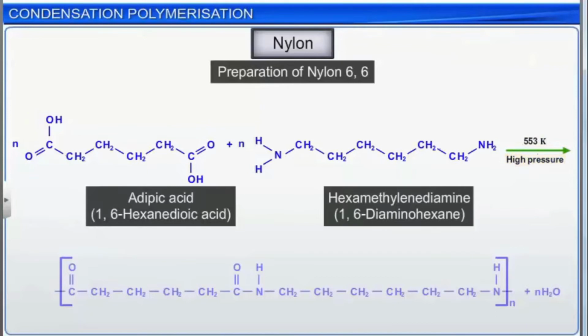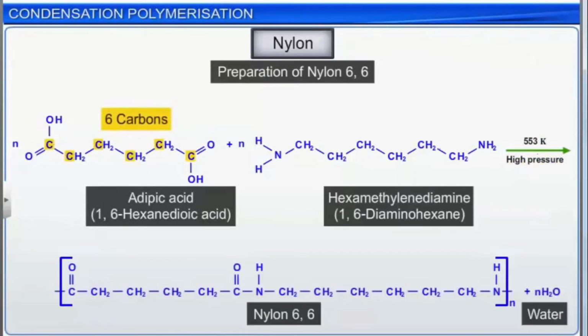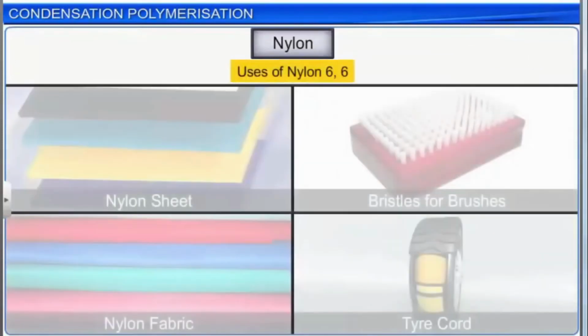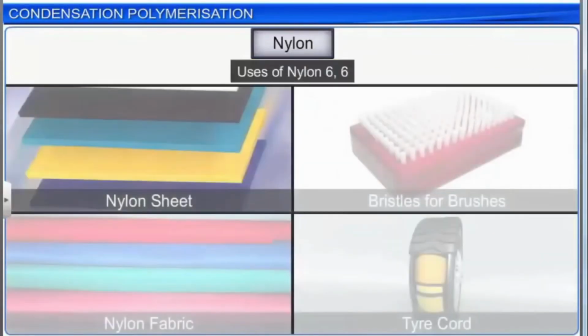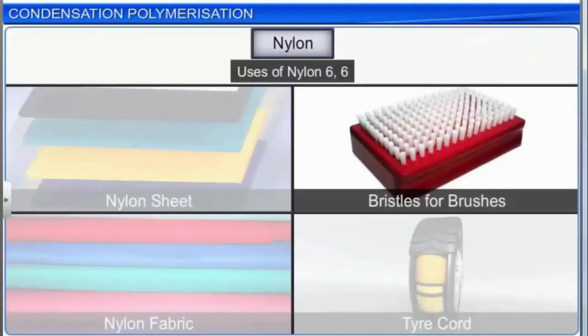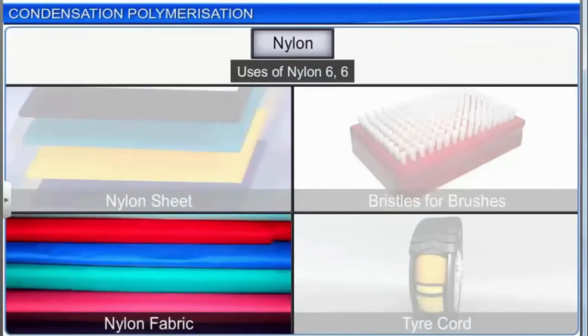This polymer is called nylon 6,6 because there are 6 carbon atoms in each monomer, adipic acid and hexamethylenediamine, that participates in the reaction. Nylon 6,6 is used to make sheets, bristles for brushes, textiles, and tire cord.